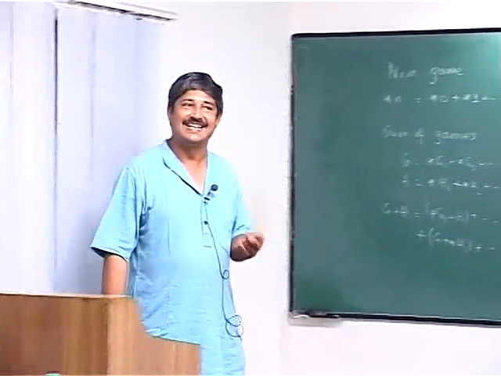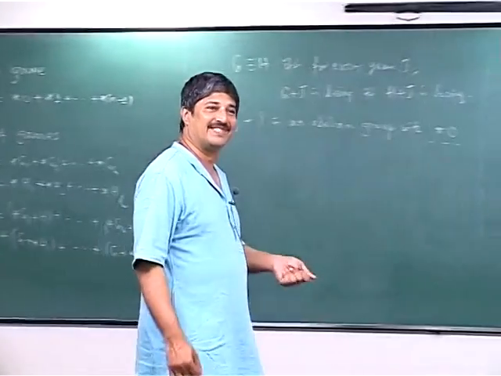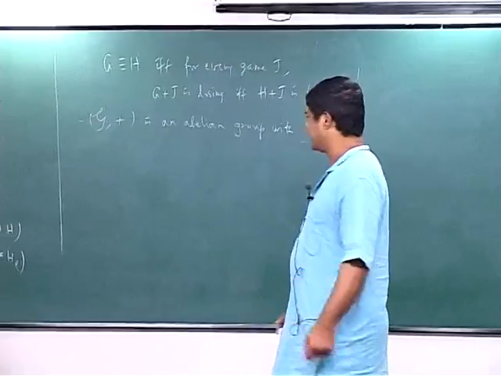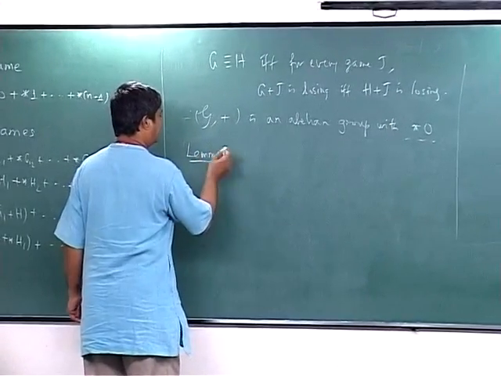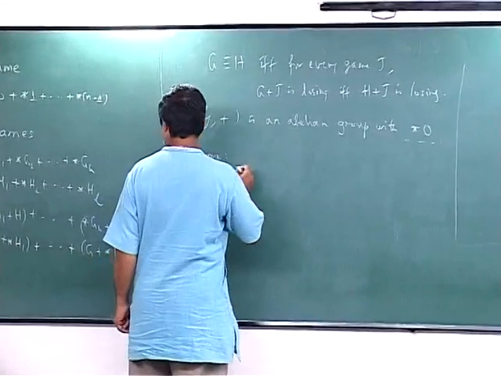And then I said there is an extremely interesting lemma which is at the heart of this whole analysis. What is that? This is what I said is worth proving. What is the lemma?